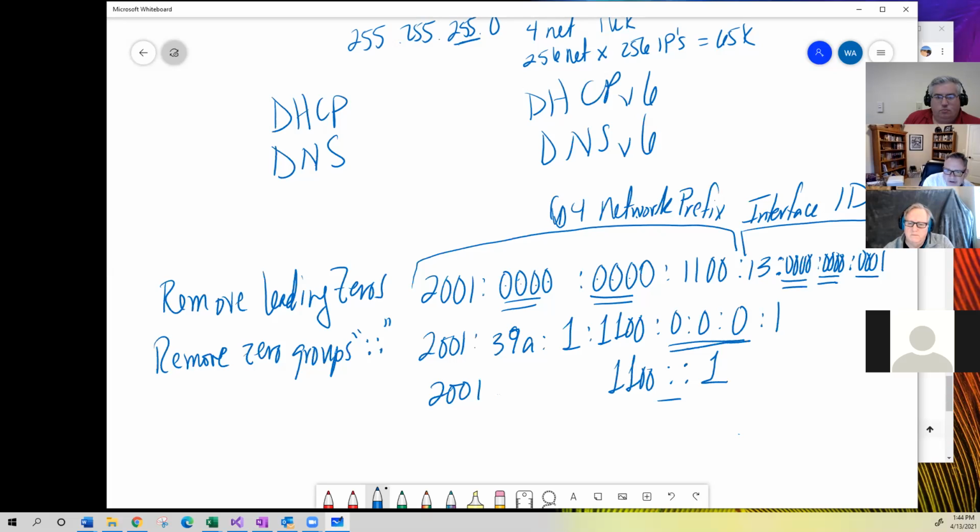You would have a double colon over here on the left between 2001 and 1100. And then over here on the interface ID portion, you would have 2 zeros for placeholders because you still remove the leading zeros. And that would be your final number, 2001 double colon 1100 colon 0 colon 0 colon 0 colon 1. That would be your final number.